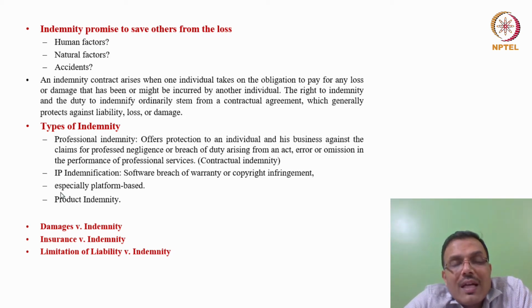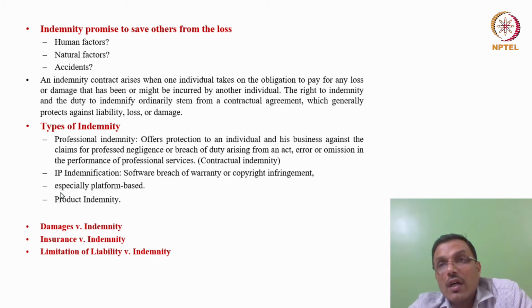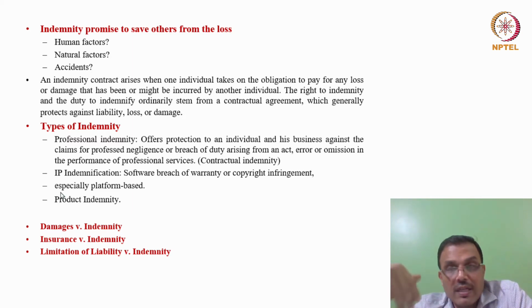How do you look at the different kinds of indemnity in India and abroad? I think there are different kinds of indemnity that are very, very important. For example, intellectual property indemnification is the most popular one, IP indemnification as it's called. This is a case where a patent holder, or a technology inventor, or a manufacturer says, look, you buy this product. I'm giving you the license to this product because I have the IP to it.